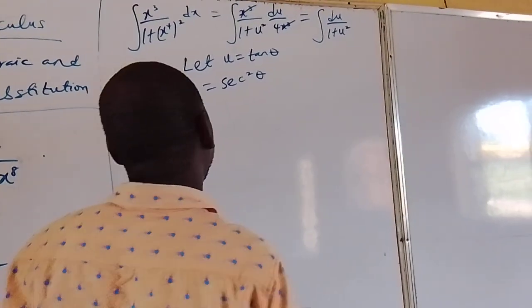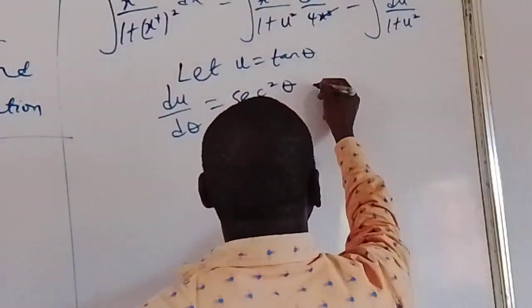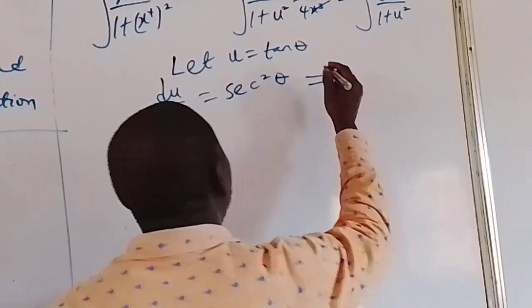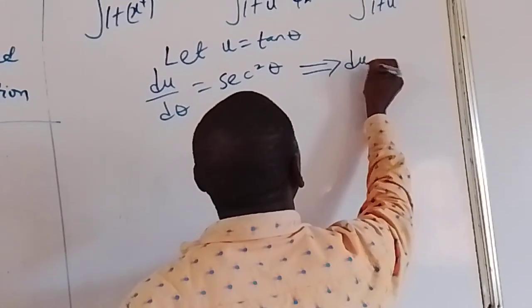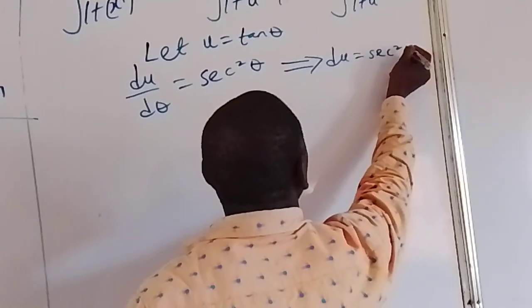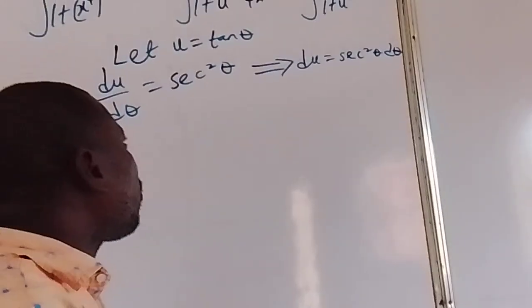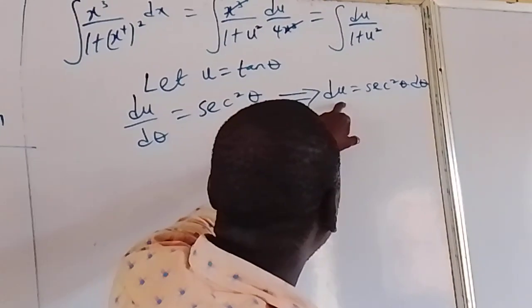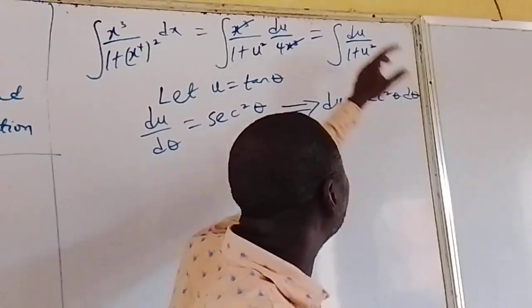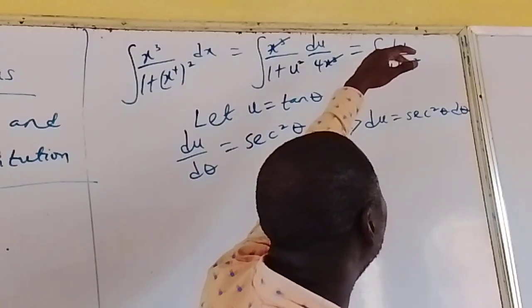What does that imply? If I do the cross multiplication, this implies that du is equal to sec squared theta d theta. Now, what is left for me? I've represented du as sec squared theta d theta. That means u will be written in terms of theta.